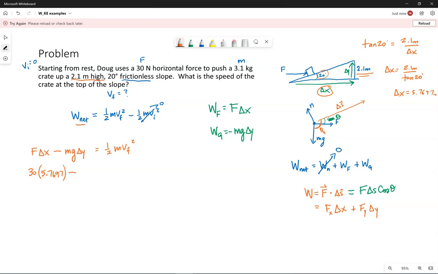The mass of this crate is 3.1 kilograms, g is 9.8, delta Y was given, that 2.1 meters. So V final is our only unknown.